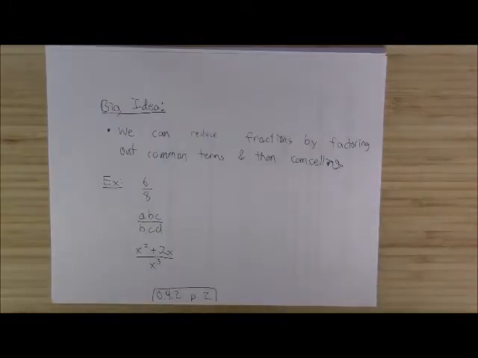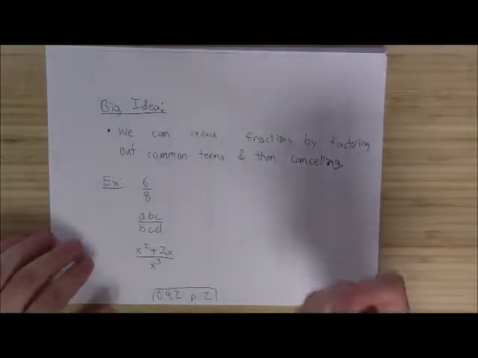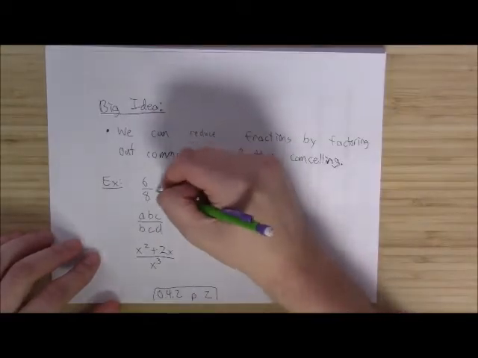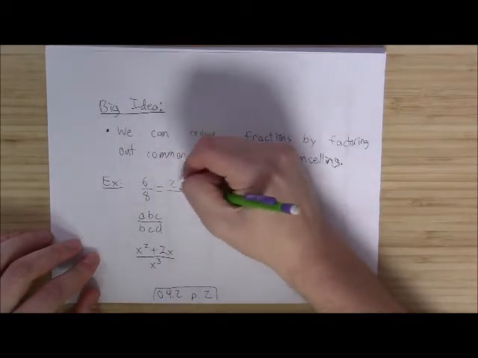So now for the big idea when it comes to simplifying, we know that we can reduce fractions by factoring out common terms and then canceling. This is very straightforward. For numbers, namely, we go ahead and we factor the top and bottom. We get 2 times 3.